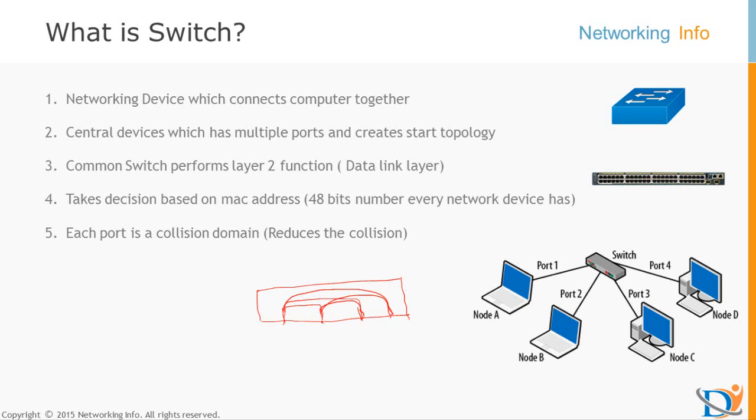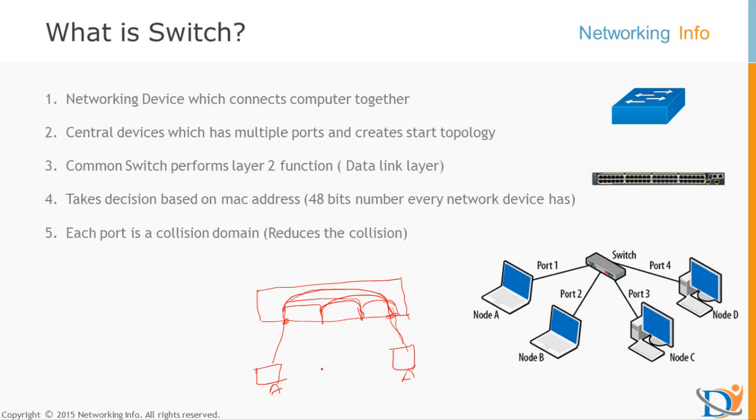If I have one PC and one more PC connected here and they want to send data, there is a separate route available. One route goes from this device to this device, but there is another route going to another device. So I say here one link is one collision domain.